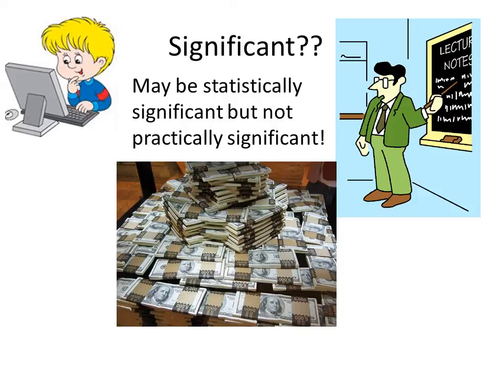Well, let's talk about what practical significance is. Let's say a researcher found a statistically significant difference of 2 points in favor of a computer-assisted learning approach over a traditional lecture or textbook approach. While these 2 points may be statistically significant, they may not be of any practical significance.